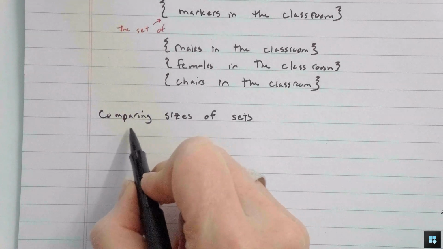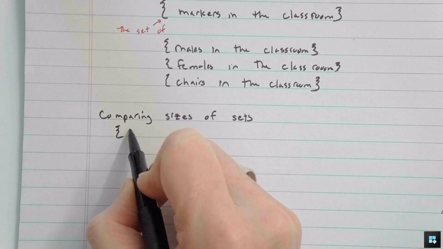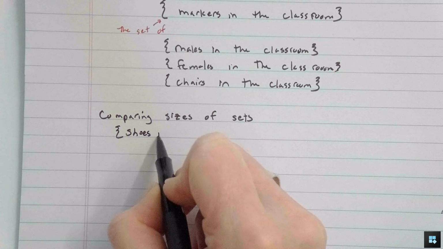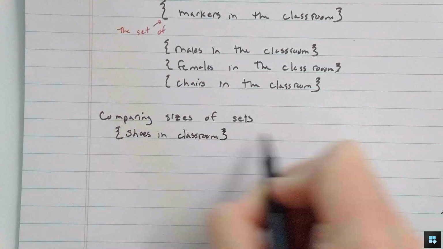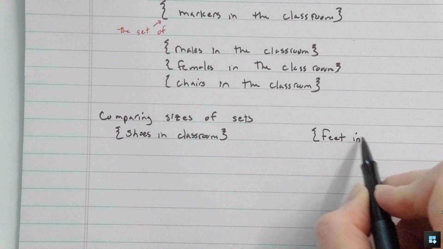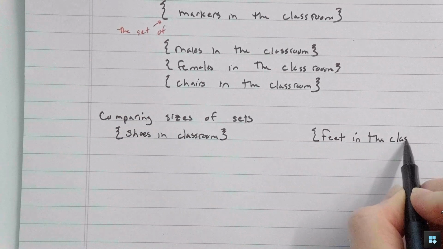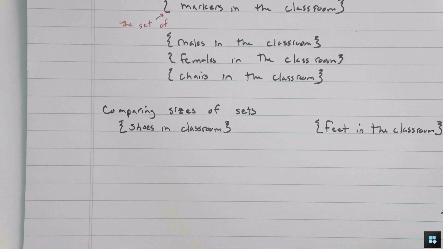Okay, so we'll look at shoes in the classroom. And we'll look at feet in the classroom. So I want to compare the size. I want to know which one's bigger.